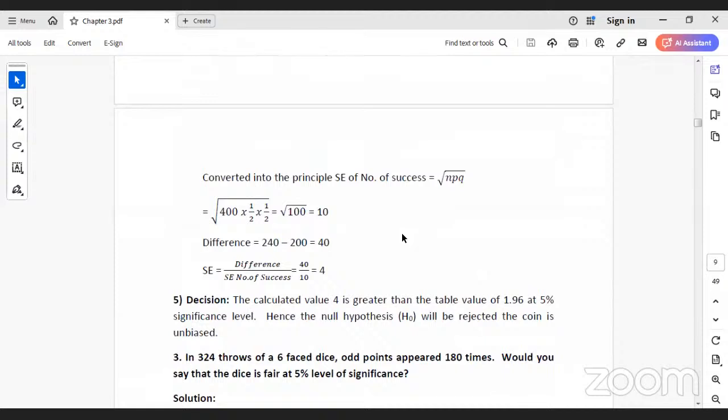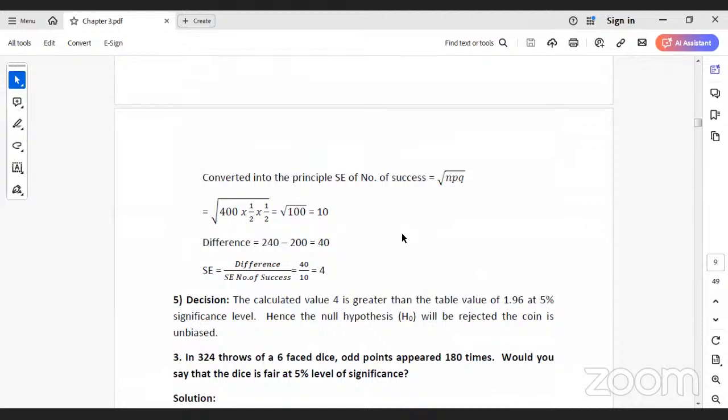So here standard error of number of success is equal to under root NPQ. This is a formula. P stands for probability of success, Q stands for probability of failure, and 400 is the total number of times the coin is tossed.